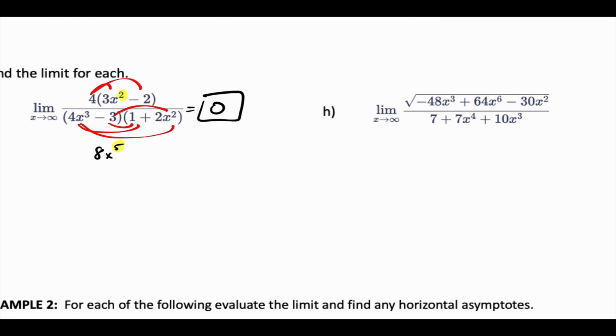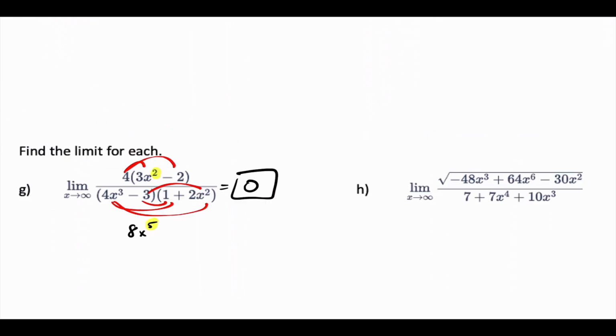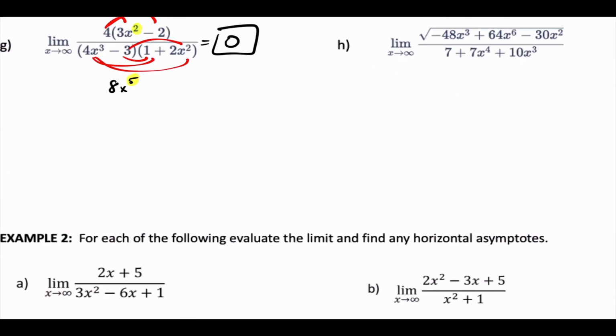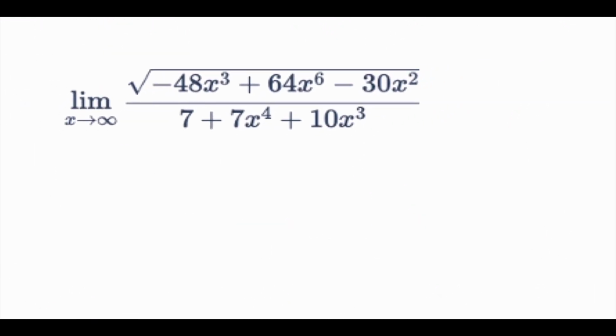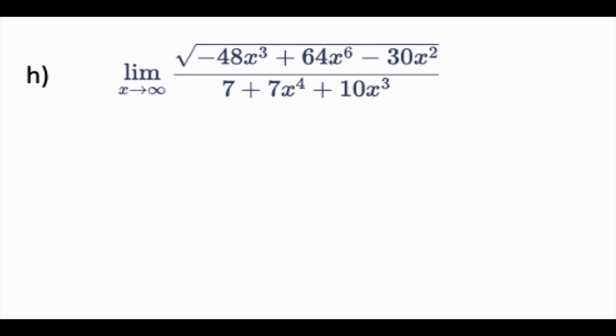Try letter H. Letter H is kind of like letter F. No, letter E. H is kind of like E. Okay, so we're not going to have to factor here because the top has a square root.